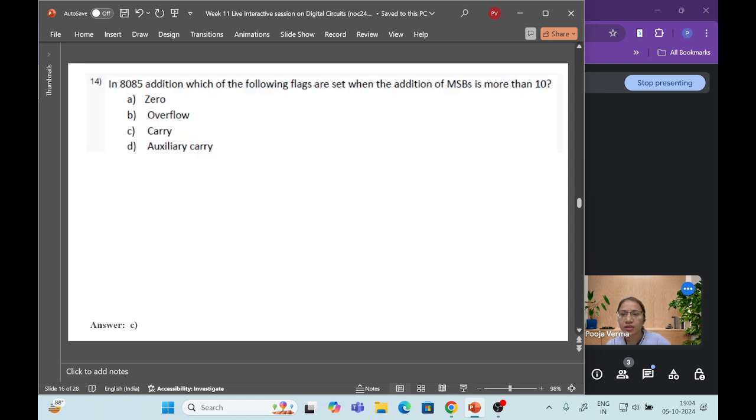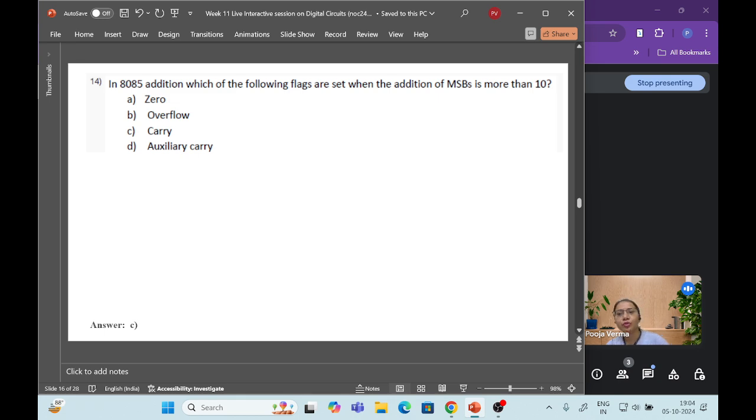Next question is, in 8085 addition, which of the following flags is set when the addition of MSB is more than 10? Option A is zero, option B is overflow, option C is carry, and option D is auxiliary carry.